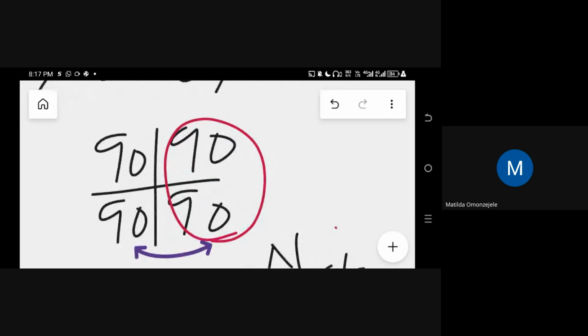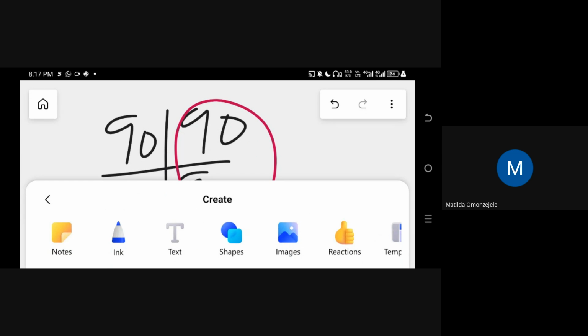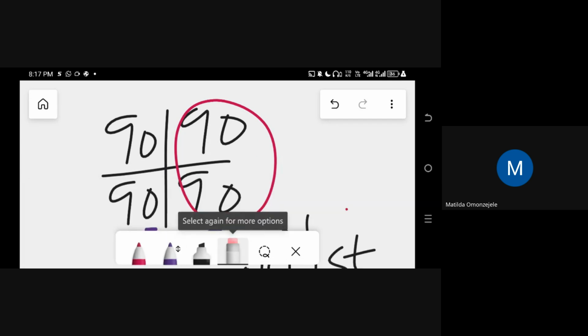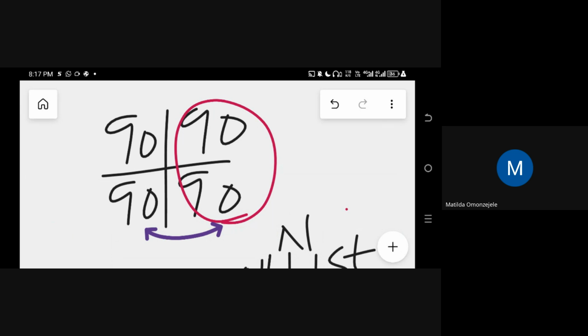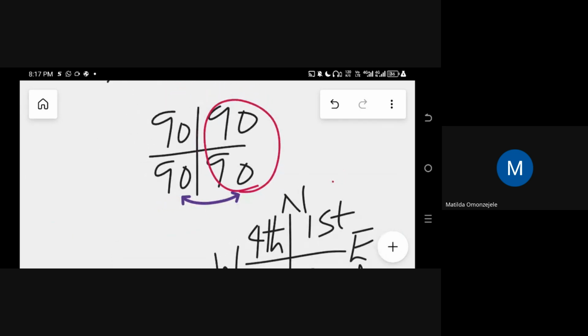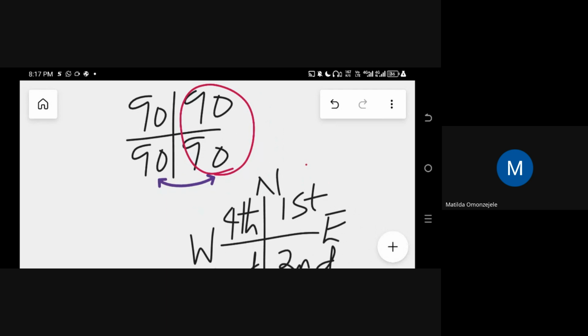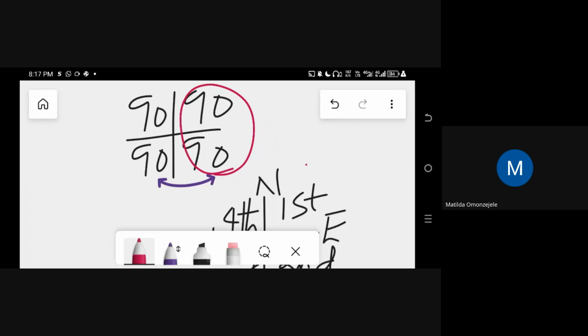We say that in the first quadrant you have 0 to 90. In the second quadrant, you have angles that are bigger than 90, up to 180. Why? Because if you look at this here, the first quadrant is 90, then the second itself is 90.